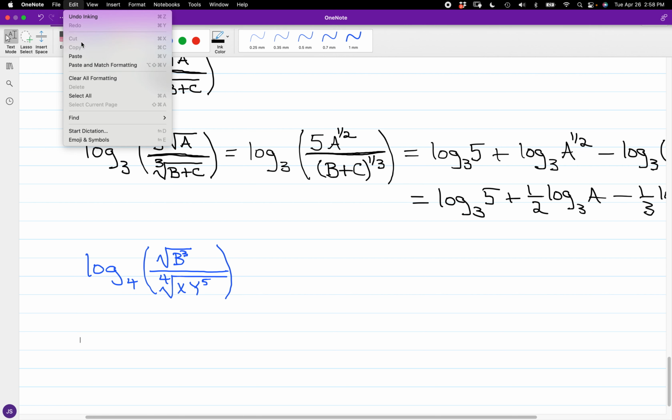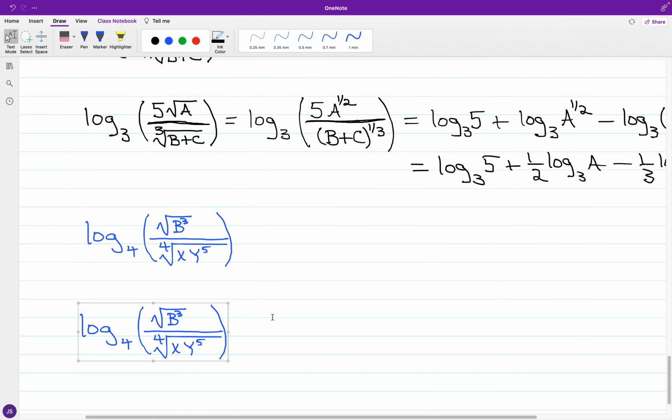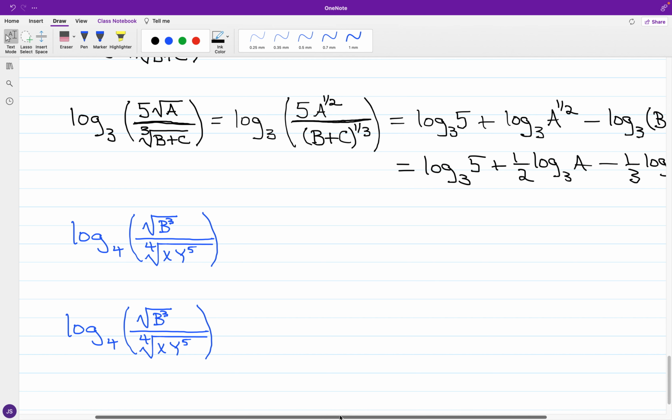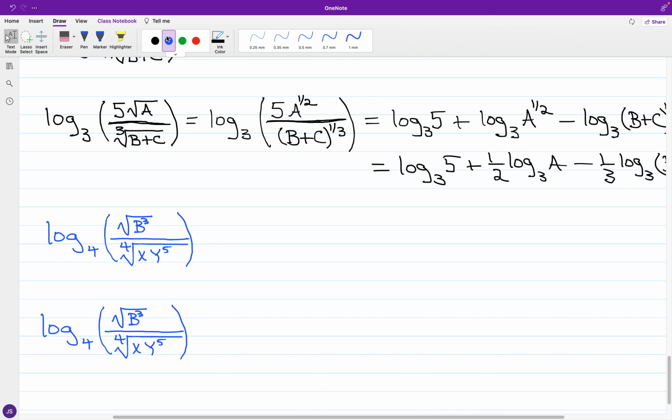Okay, so setting the stage, before expanding I can go ahead and convert the radicals into exponential terms.